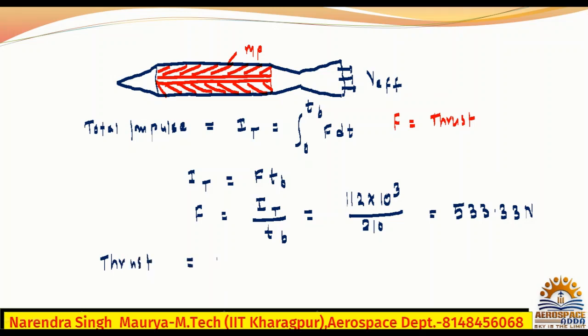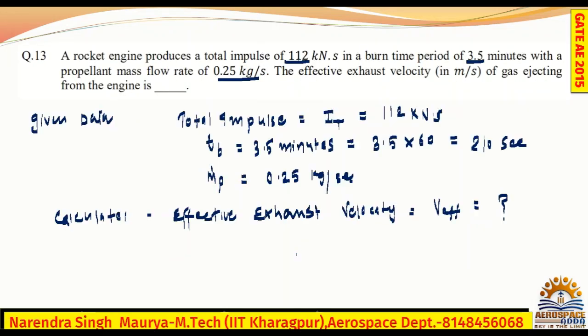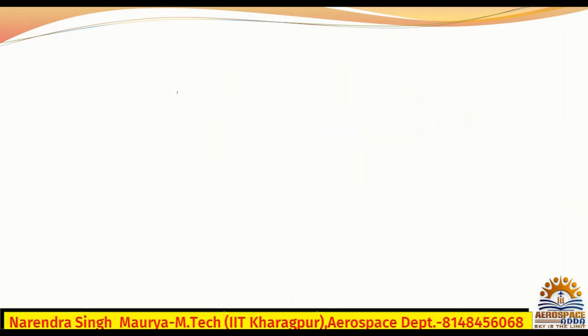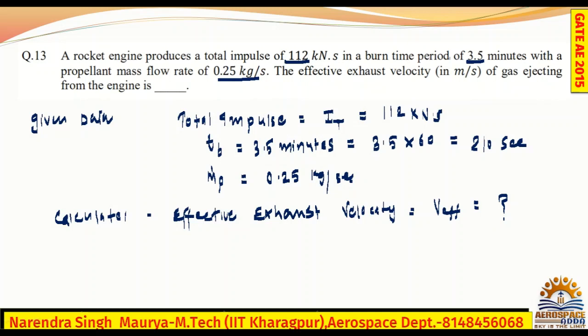Now, thrust is nothing but the mass flow rate of the propellant into V effective. In this case, we need to calculate V effective. It is nothing but thrust divided by m dot p. The thrust is 533.33 and m dot p is 0.25 kg per second.